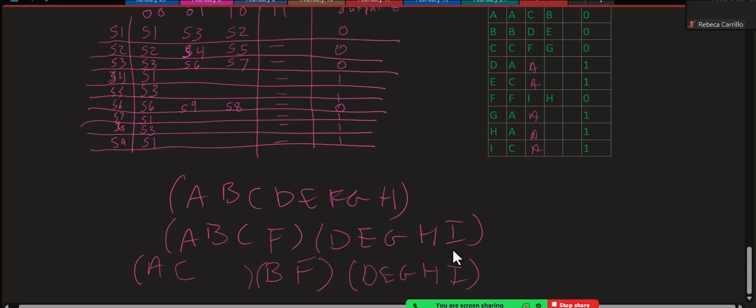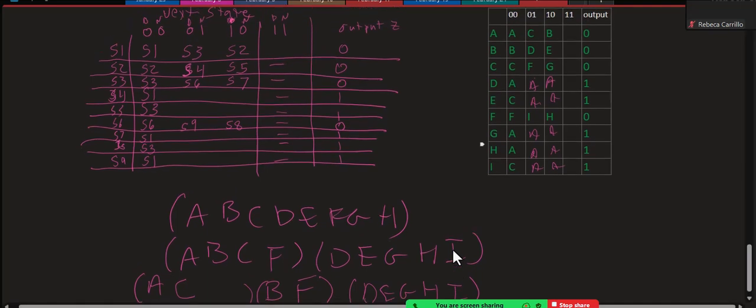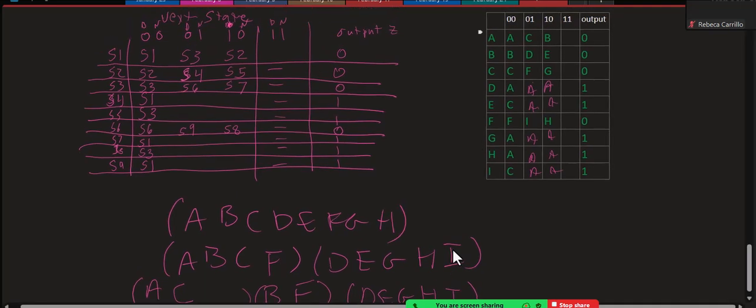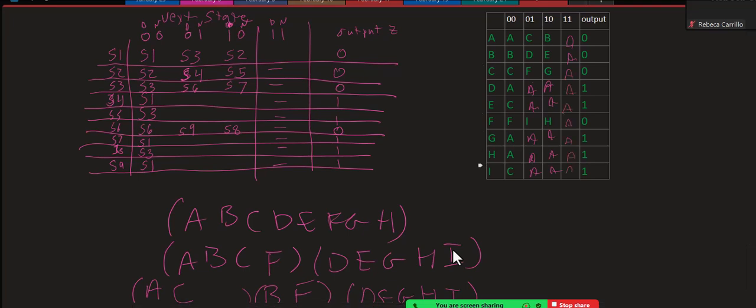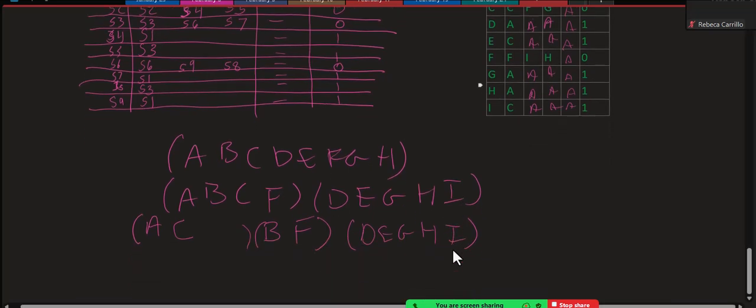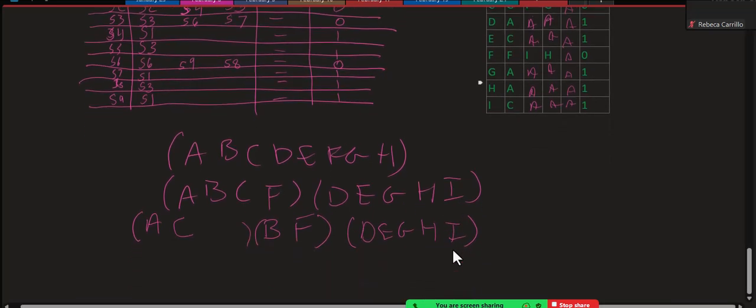B goes to E and F goes to H. Okay, so those are in the same group. And then D, E, G, H, I, those are a bunch of don't cares, so let's make those all A. And then our 1, 1s are all don't cares, so I can make them all A. And now we have minimized our state table.